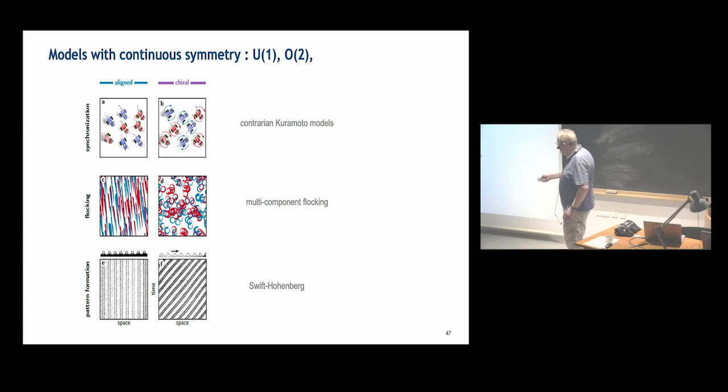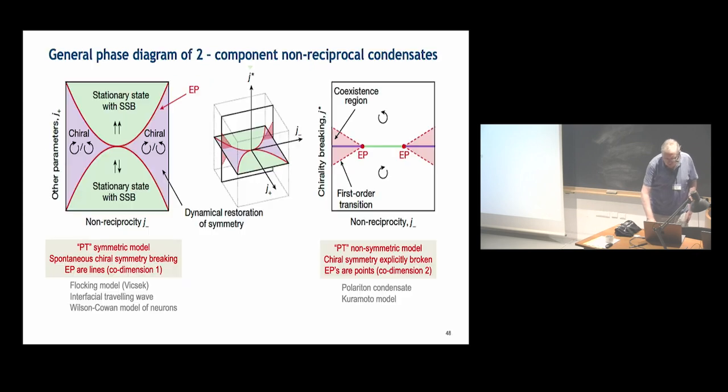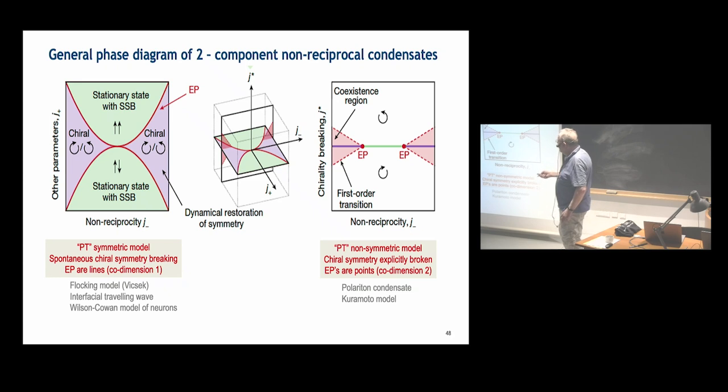So something is fingering and producing a pattern. There's a transition which goes to where the pattern becomes chiral. That transition, again, turns out to be an exceptional point. And you can actually generalize this to produce a phase transition boundary that looks really rather like this.